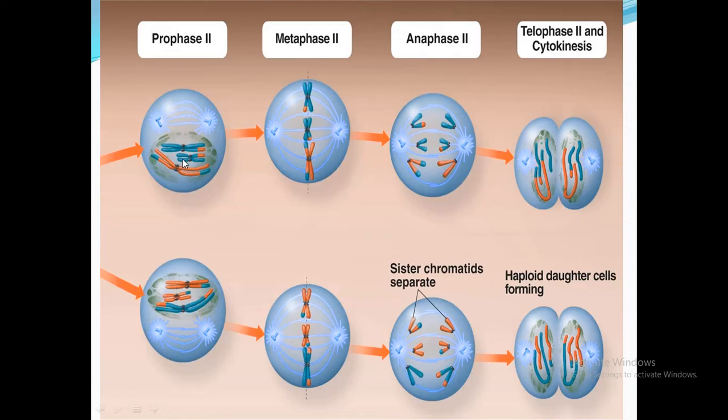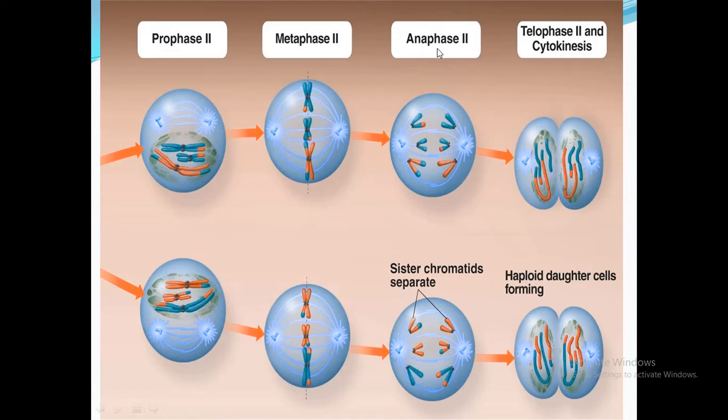We cannot say homologous chromosomes now because they are already separated. In metaphase 2, the chromosomes from each cell align at the equatorial line, and spindle fibers attach to the chromosomes. The same thing happens here also.